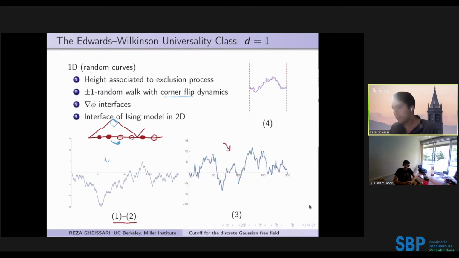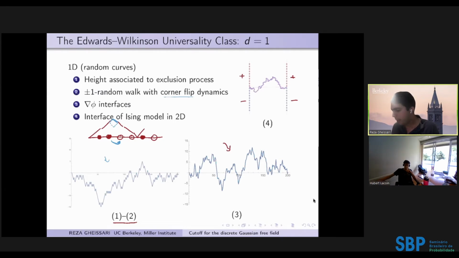And a more statistical physics example is the interface one obtains from the Ising model in 2 dimensions. So when you look at an Ising model in 2 dimensions and say you put plus boundary condition somewhere and minus boundary condition somewhere else, the interface is now a 1-dimensional random curve. It's 1 dimension lower, and that behaves like a Brownian bridge in a scaling limit. So all of these admit Brownian bridge scaling limits, and their dynamics should in some sense be universal, but that's not really confirmed.